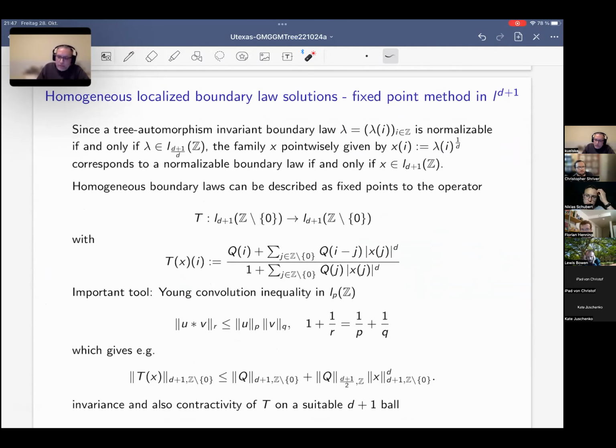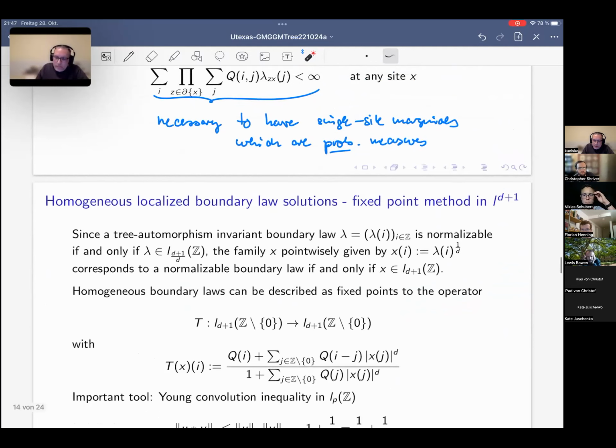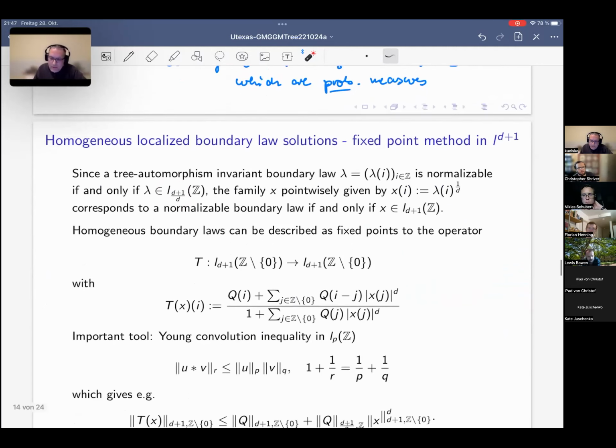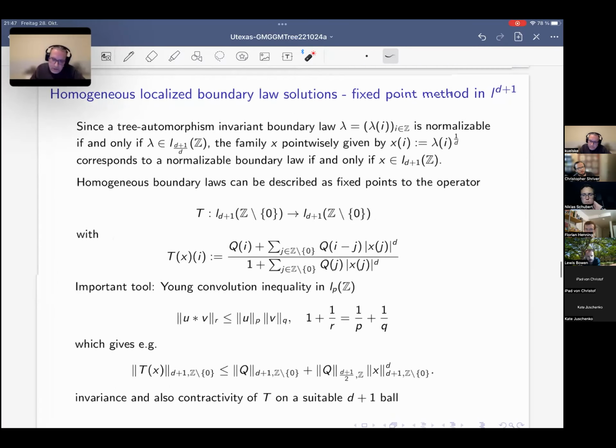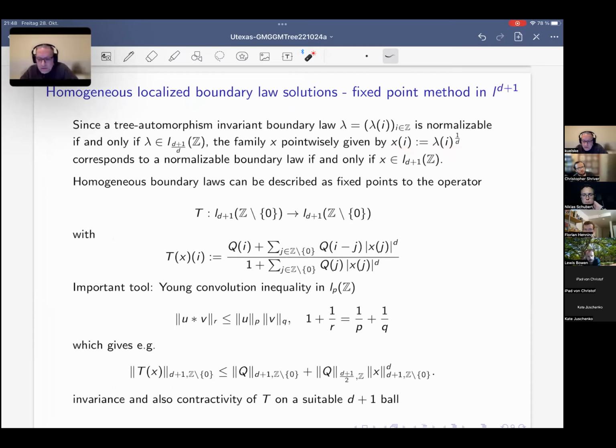If you think a bit about it, this normalizability is satisfied if and only if the lambda is in some proper LP space, and this P is D plus 1 over D. It's easy to see. And it's maybe more convenient to go from lambda to X by taking the d-th root. Since lambda is strictly positive anyhow, we can do this. This then corresponds to saying that this corresponding object X has to be in the sequence space L^(D+1).